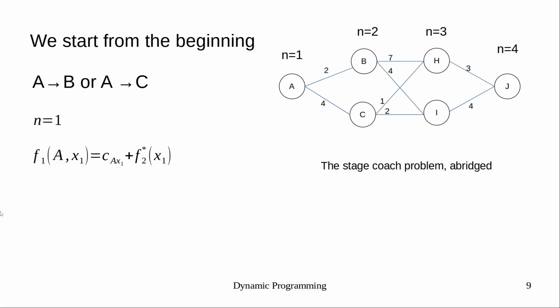Let's repeat it once again. F1(A, X1) is C(A, X1), which can be either 2 or 4, plus F2 star(X1), that is the minimum cost you require in going from stage 2 to stage 4.